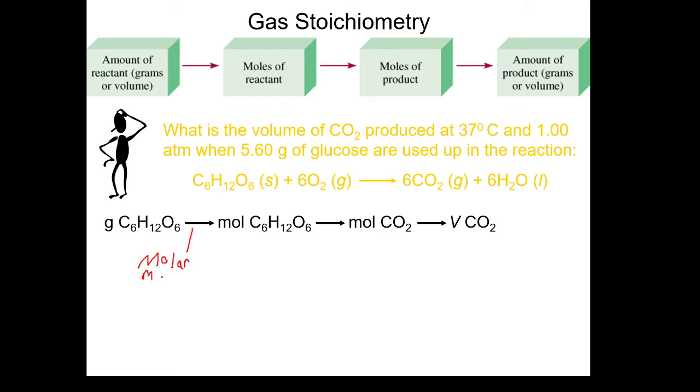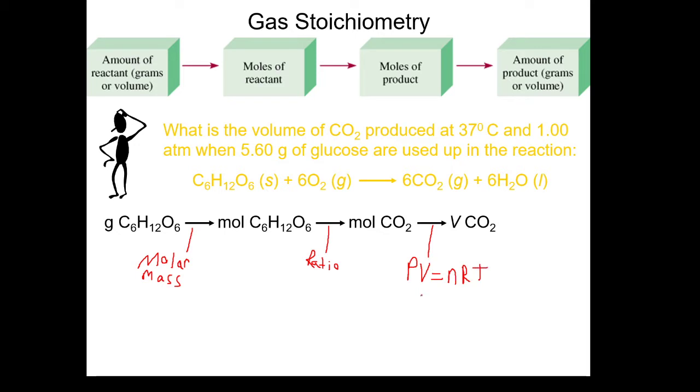Here you're going to use the molar mass of glucose. Then we're going to take our moles of glucose and get it to moles of CO2 using our ratio. Then we're going to take the moles of CO2 and use PV equals nRT to find the volume.